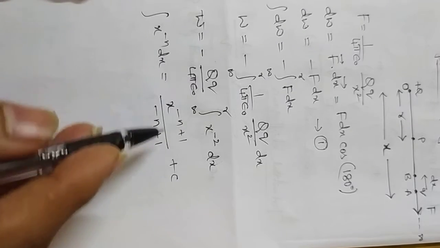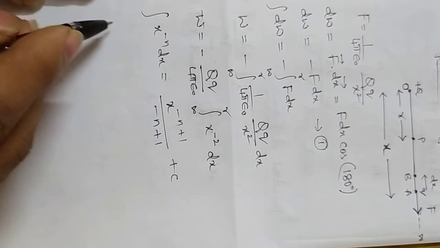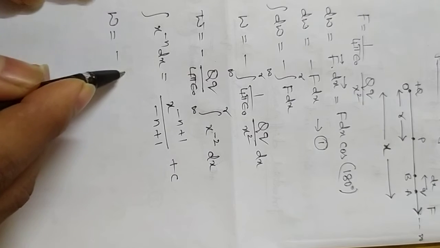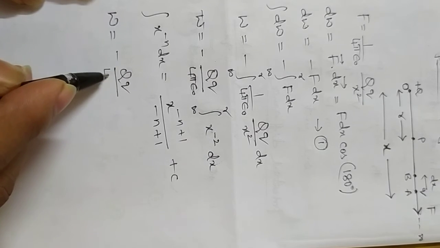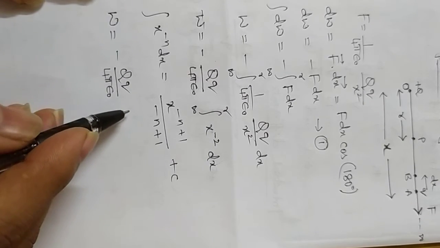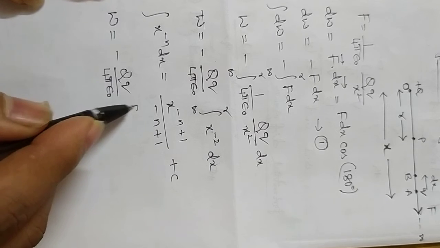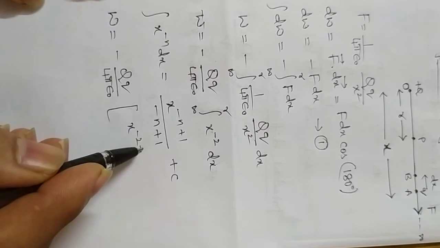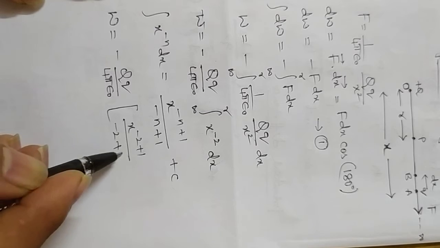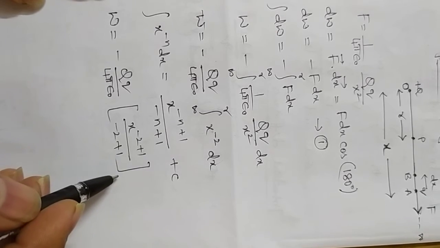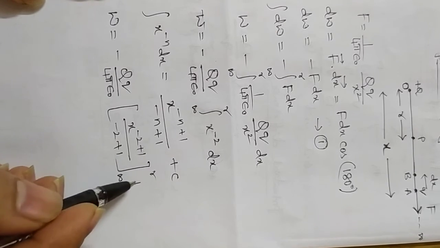So when you apply the integration to x to the power of minus 2, the work done comes out to be minus Q into q divided by 4 pi epsilon naught into x to the power of minus 2 plus 1 divided by minus 2 plus 1, integration from infinity to r, plus c.